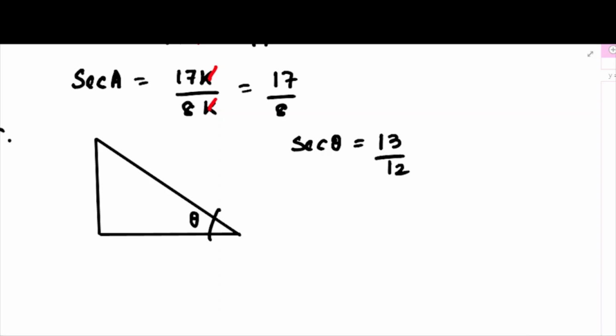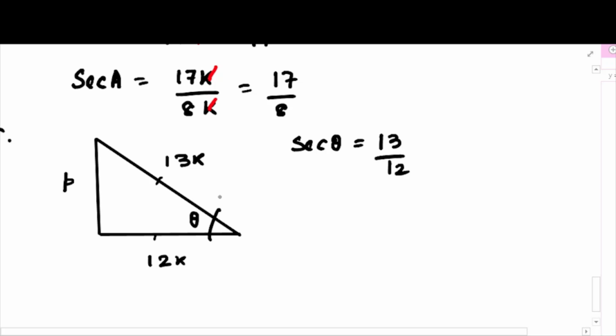So the value of sec theta is given as 13 by 12. Sec theta is actually the reciprocal of cos. Cos means base by hypotenuse, so here it is given as hypotenuse by base. So we can take the hypotenuse as 13k and the base as 12k. So what is the value of the perpendicular then?